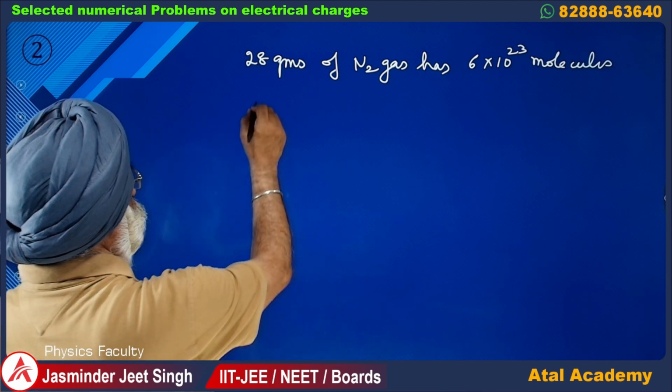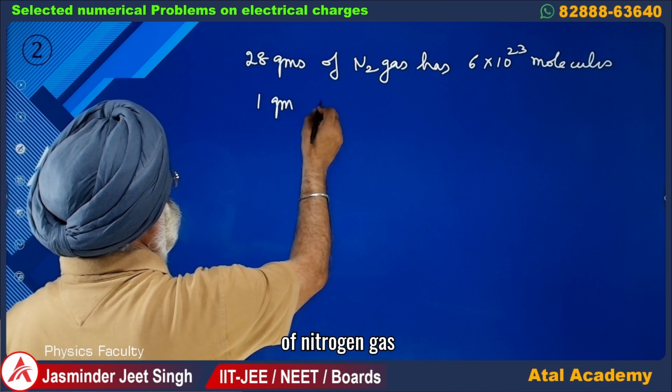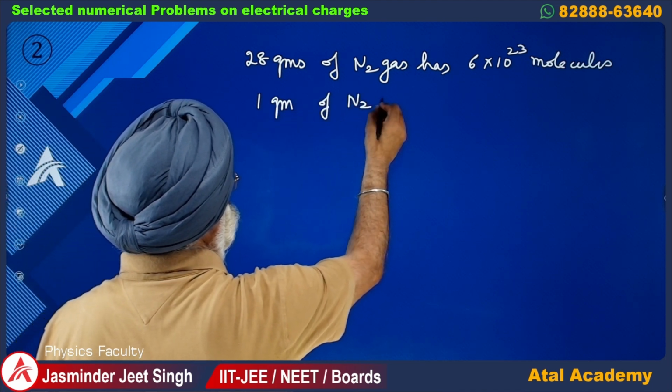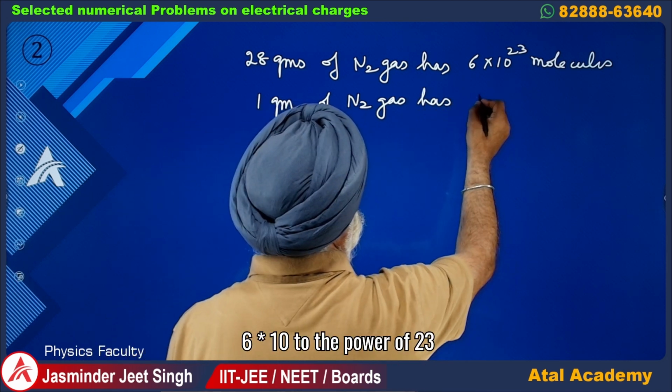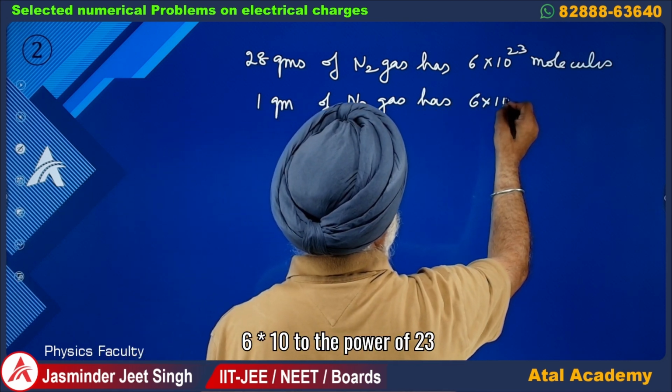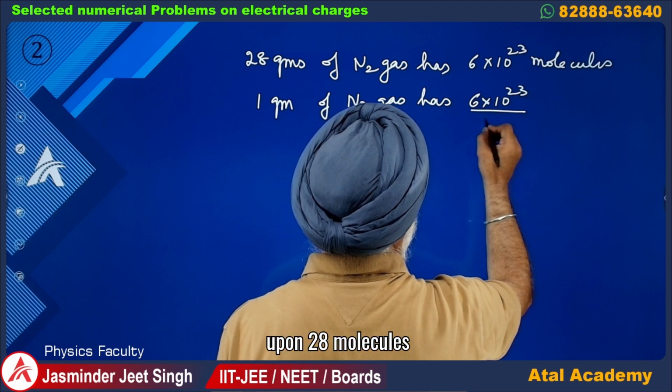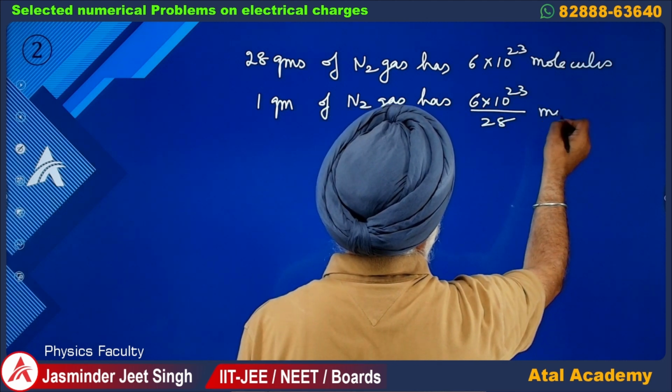So 1 gram of nitrogen gas will have 6 into 10 to the power of 23 upon 28 molecules.